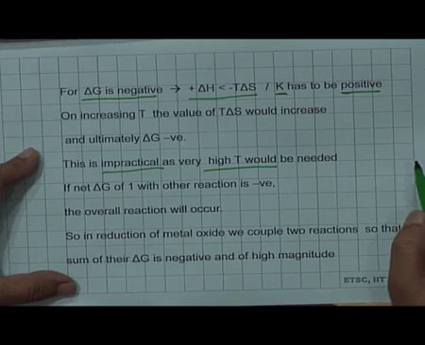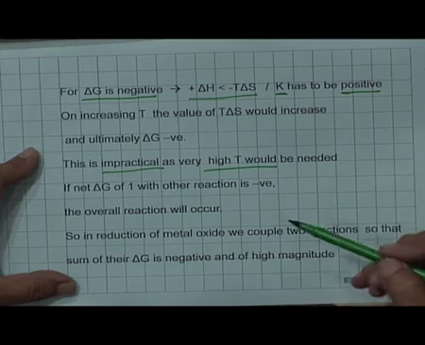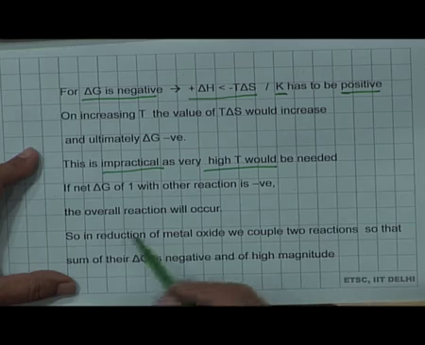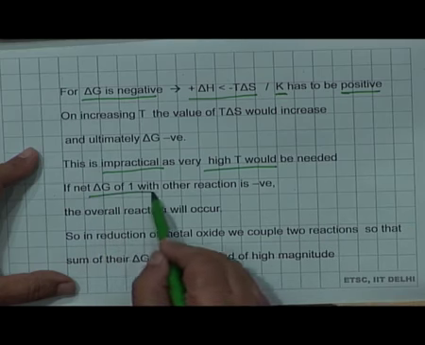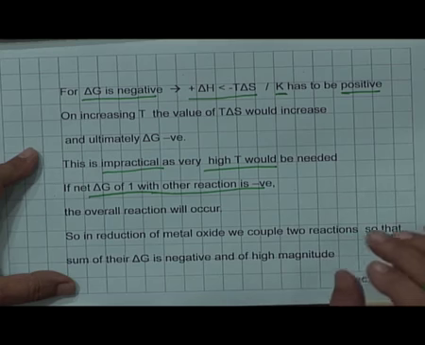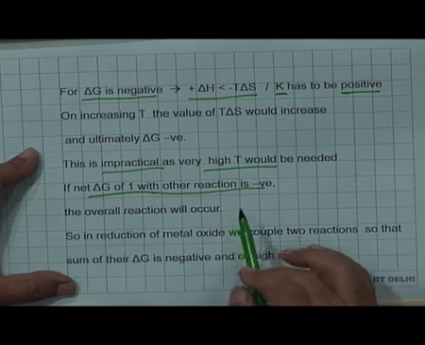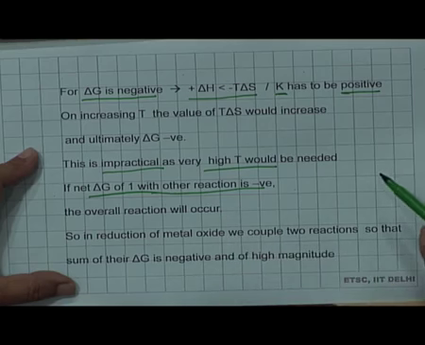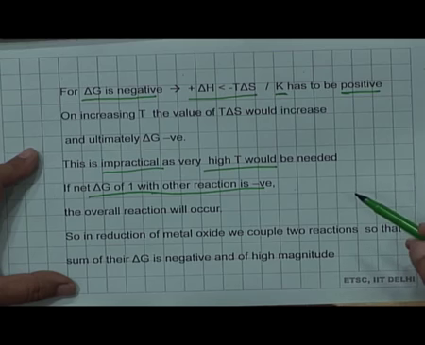So, what is needed is that we combine another reaction with it, so that the net delta G becomes negative and the overall reaction will occur. This is the key to selecting the reducing agent, because the reducing agent is the one which has a negative delta G, either because it is exothermic in nature, or it is exothermic plus delta S is positive, either of the two or both together.